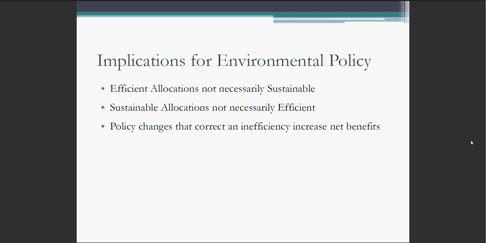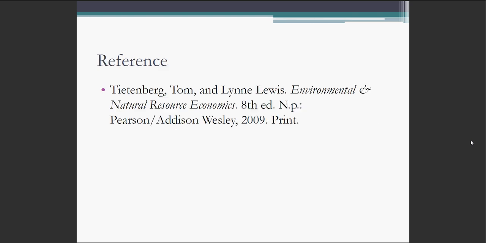Not all efficient allocations are sustainable, and not all sustainable allocations are efficient. Market allocations may be either efficient or inefficient, and either sustainable or unsustainable. Policy changes can produce win-win situations, because by correcting for a market inefficiency, net benefits can be increased.